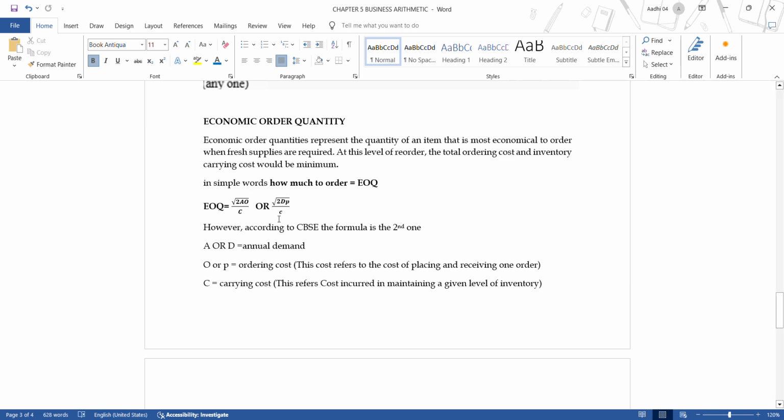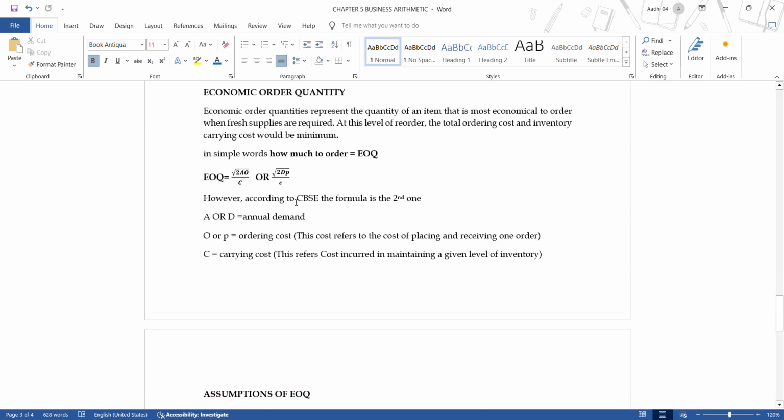According to this formula, D means annual demand, P means ordering cost. Ordering cost means the cost of placing and receiving an order. Carrying cost means the cost that is incurred in maintaining a particular level of inventory.